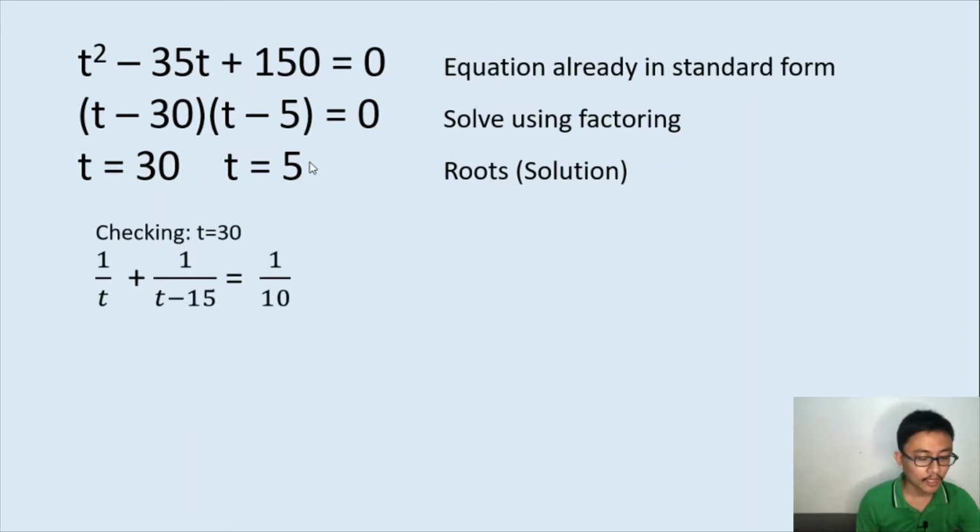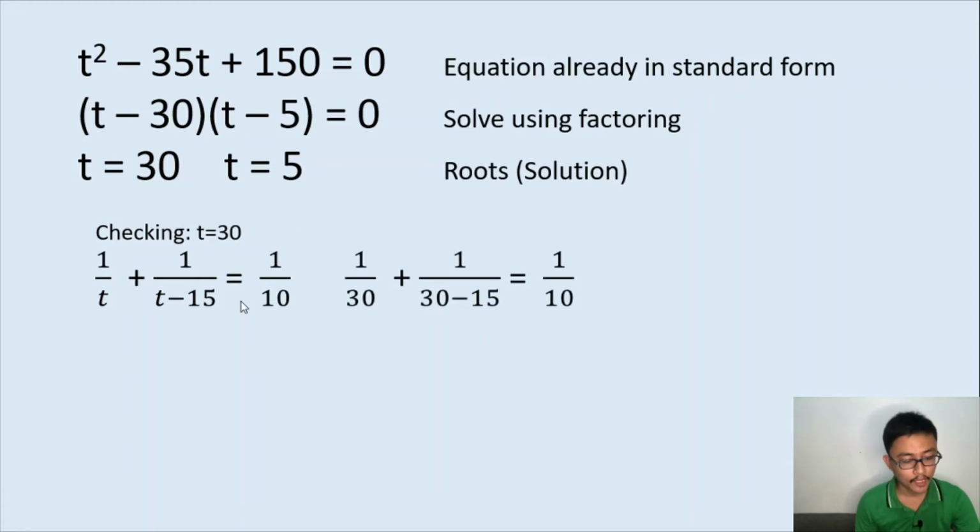Now, para ma-check lang natin, we use t equals 30 dun sa ating working equation kanina. Okay? So, we have 1 over t plus 1 over t minus 15 equals 1 over 10. Palitan lang natin lahat ng 30.